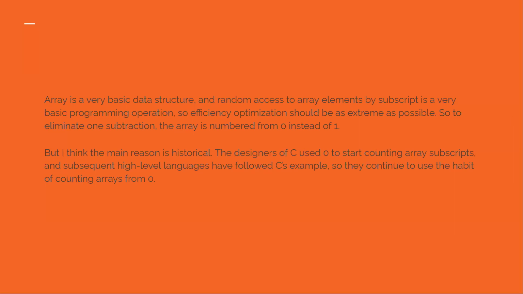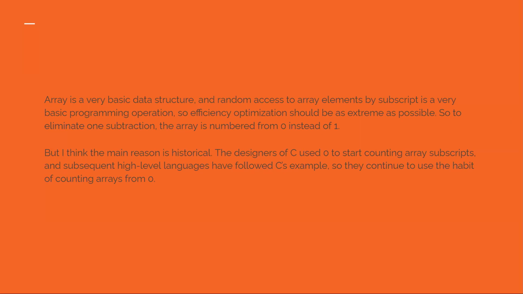Array is a very basic data structure and random access to array elements by subscript is a very basic programming operation. So efficiency optimization should be as extreme as possible. So to eliminate one subtraction, the array is numbered from 0 instead of 1.